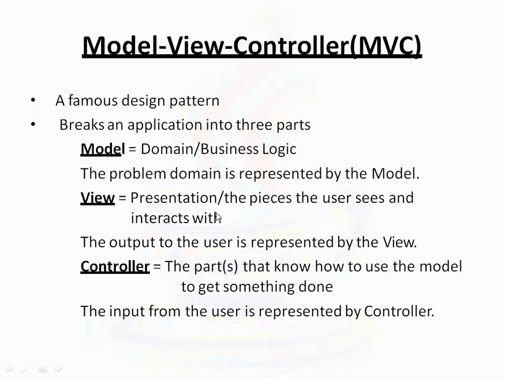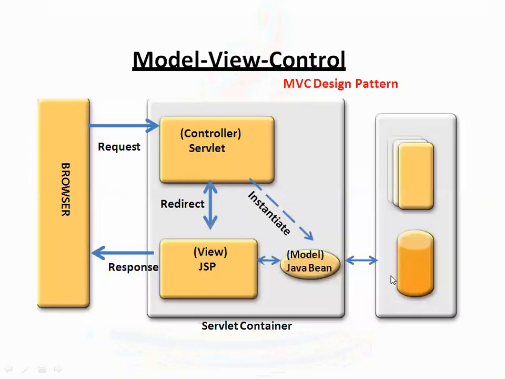View layer means presentation logic. Controller means how to use the model to get something done. Clear? So controller is for exchanging the data from view to model, model to database. You can see this is the design pattern.